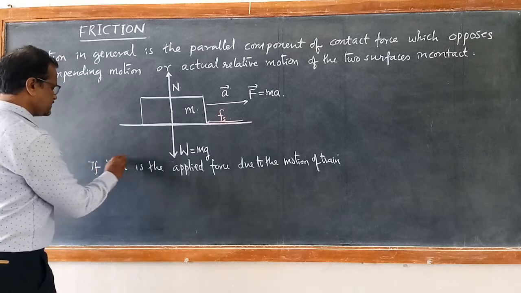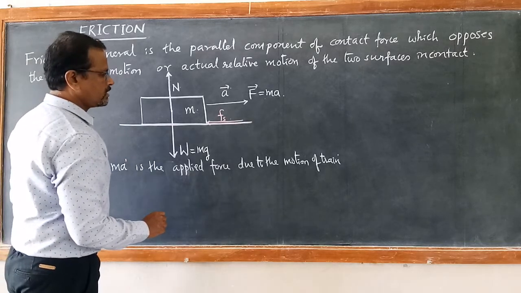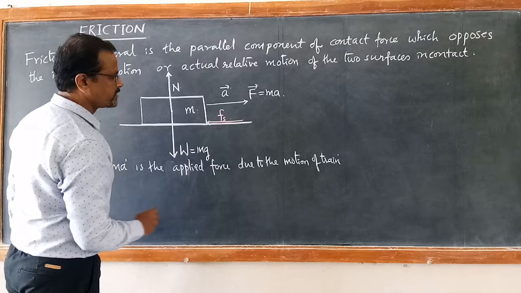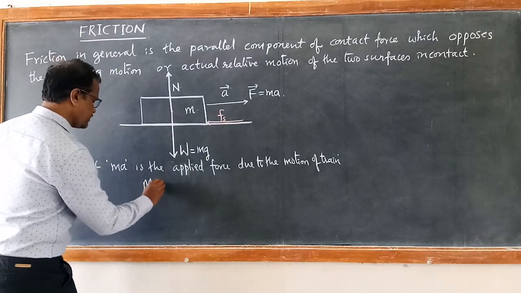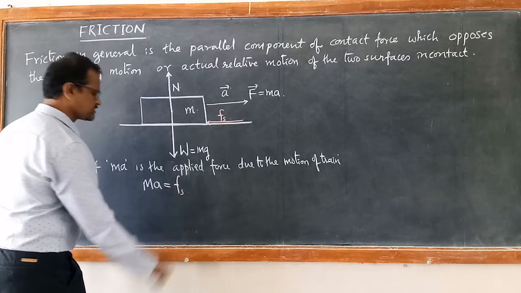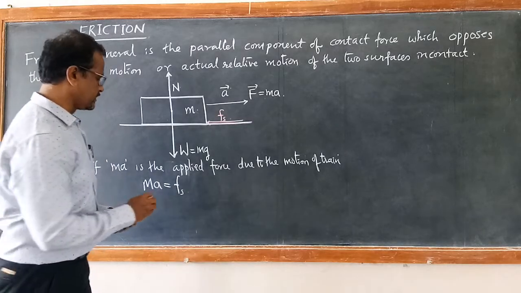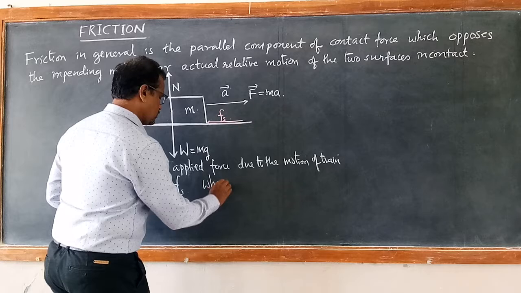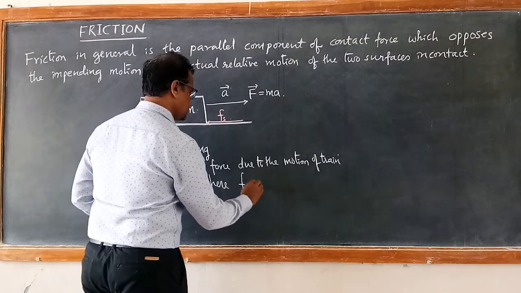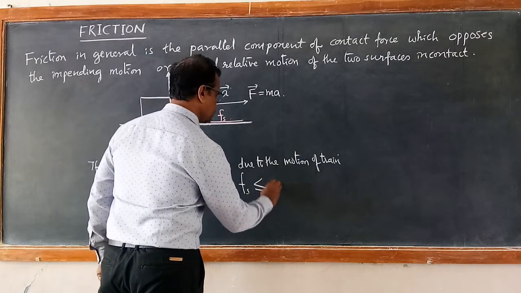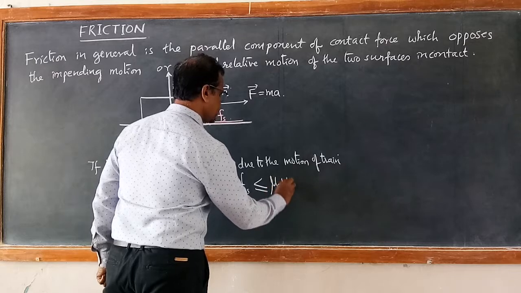So if ma is the force applied on the motion of the train, then this ma should be equal to Fs, static friction. What is Fs? Static friction. What we have learned yesterday, where Fs is less than or equal to mus n.